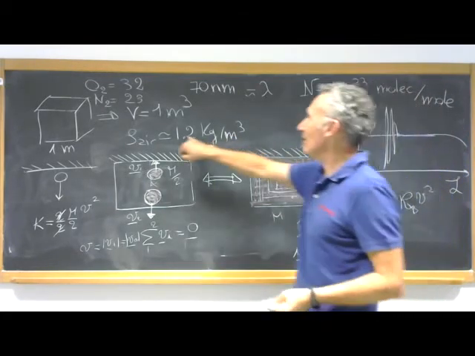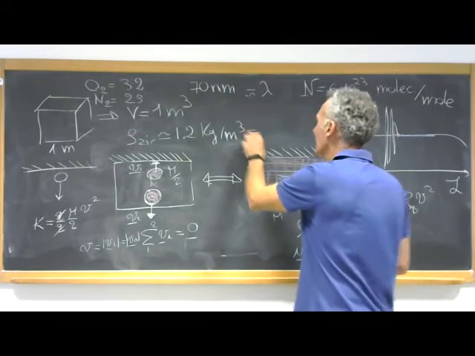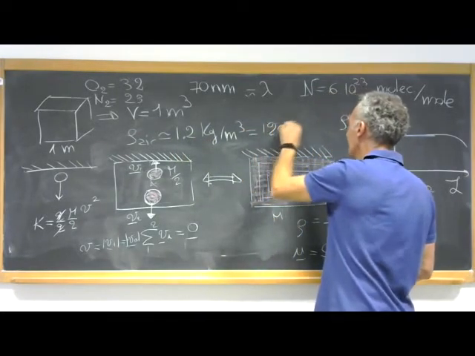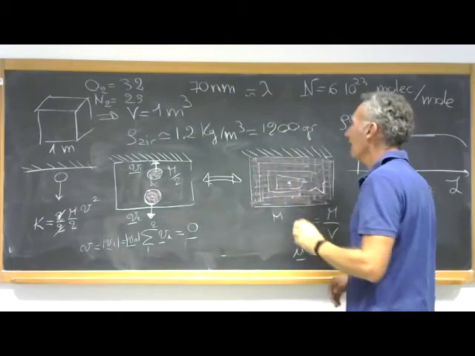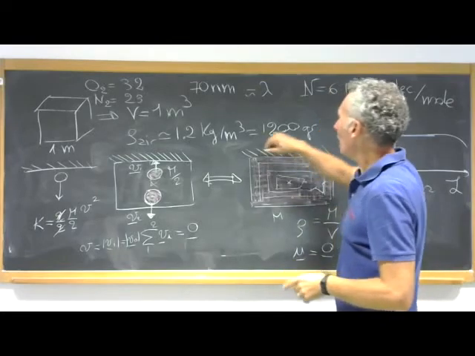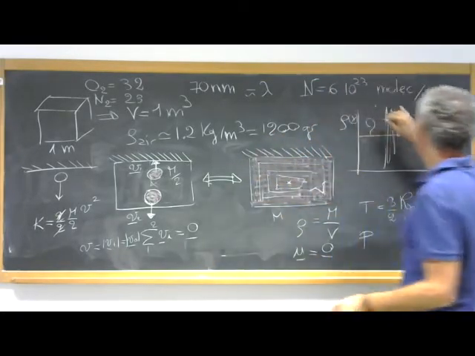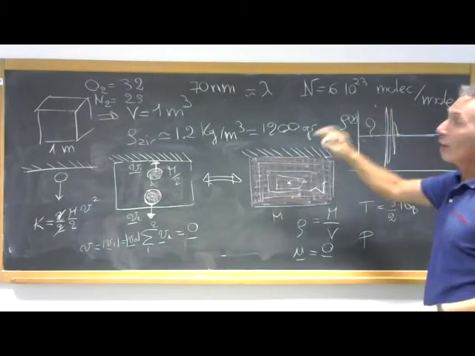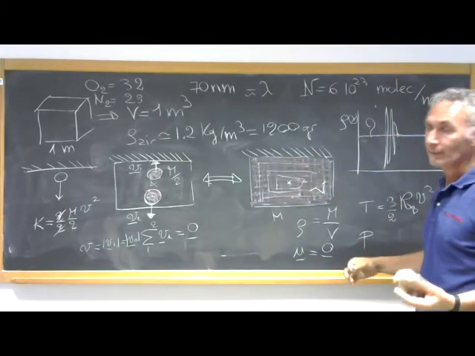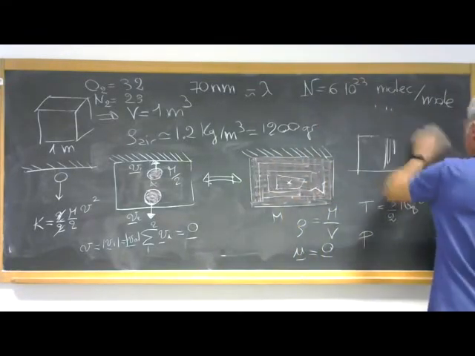In a cubic meter we have 1.2 kilograms, so it means 1200 grams. And then the number of moles would be 1200 grams divided by 29 grams, which is 1 mole. So maybe I can write it here.